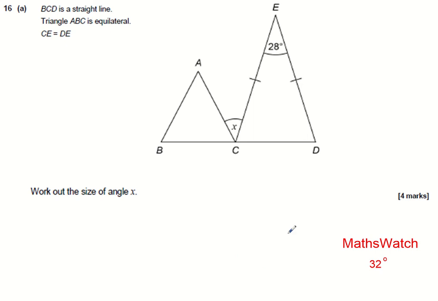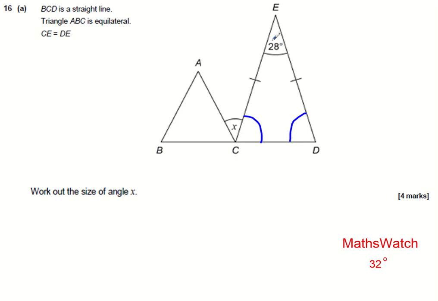Okay, I'm going to start with the isosceles triangle on the right hand side. We've got an angle of 28 degrees, and we've got 2 lines that are equal. In an isosceles triangle, the base angles, which means that these 2 angles at the bottom, are equal to each other. Now, we're going to use the fact that angles in a triangle add up to 180.